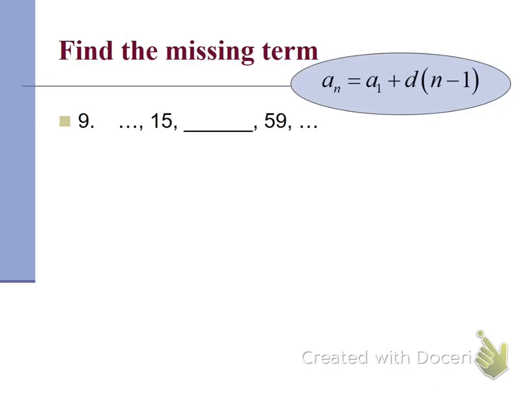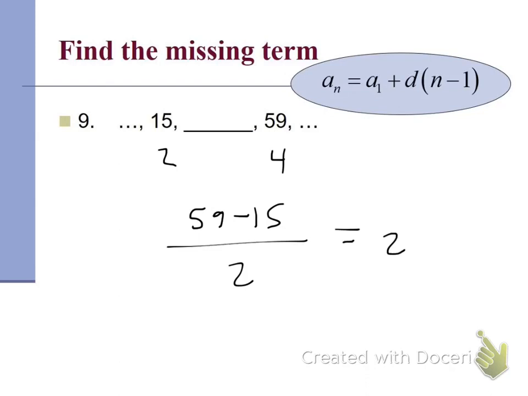Yeah, so I think the easiest thing to do is say, I don't know how many terms were before it, doesn't matter. I'm just going to call this the second term. So this was the third and this was the fourth. You with me? So I'm basically going to go 59 minus 15 divided by 4 minus 2, which is 2. You took the average of the two. So 59 minus 15 would be 44, divided by 2 gives me 22.